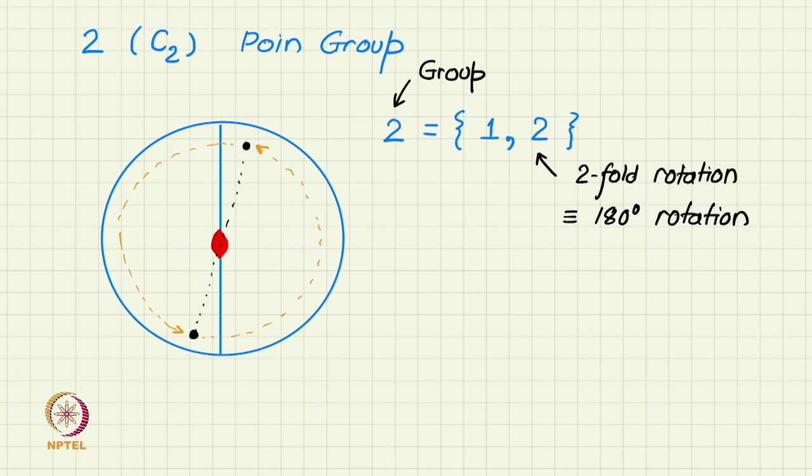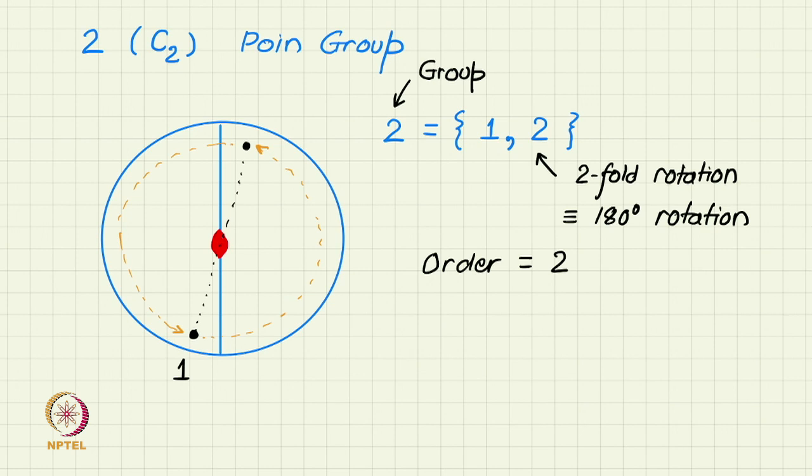So, now you can see that the order of the group is 2, because there are 2 elements. And you can also see that the equivalent positions which have been generated is 2, and in fact, we can label the equivalent position by the symmetry operations which generate them. So, our starting position was generated by the operation 1.